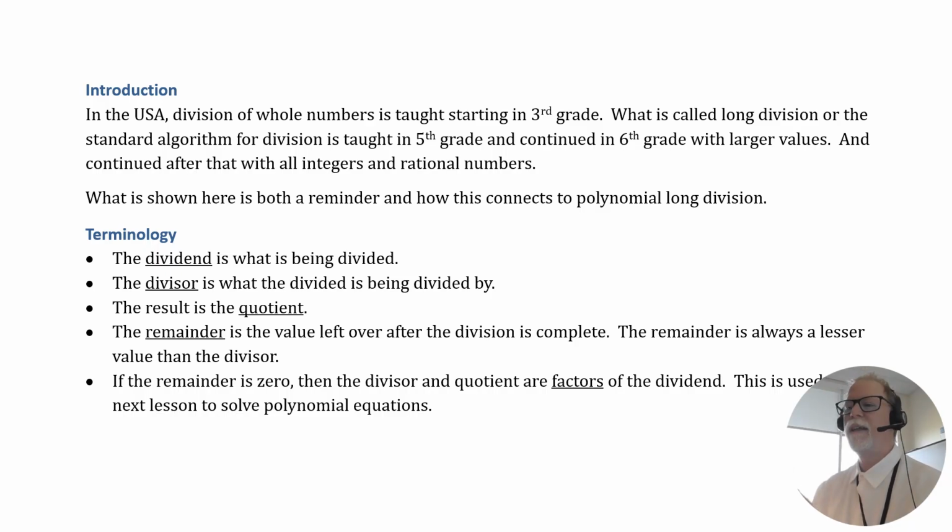One of the significant things is the last bullet point, that in the next lesson, we're going to use the fact that when the remainder is 0, then we have factors. The divisor and quotient are factors, and then we can use that to find the zeros and completely solve a polynomial equation. So this type of division is, for me, kind of a tool to help us do the solving, because math is all about finding x, right?